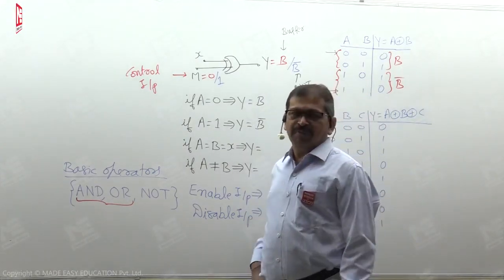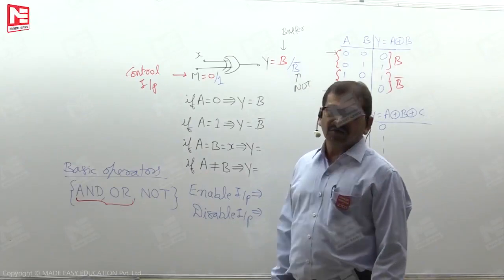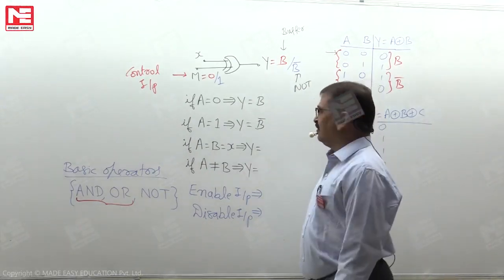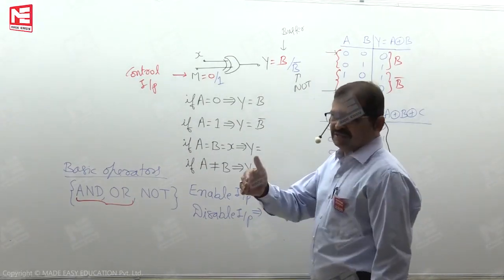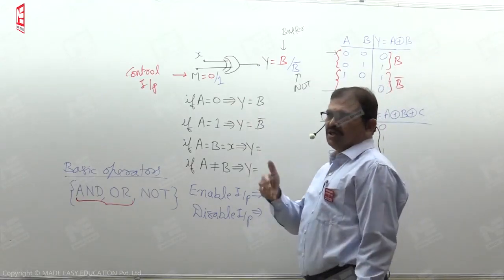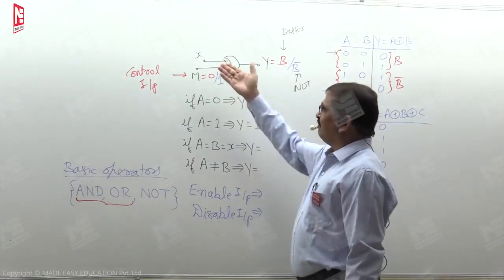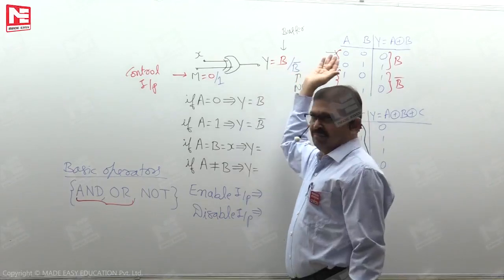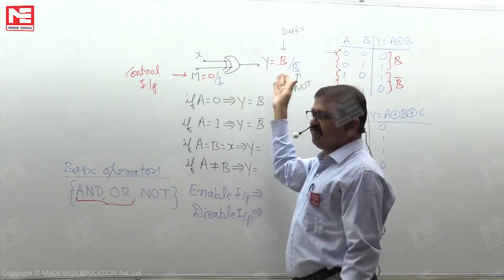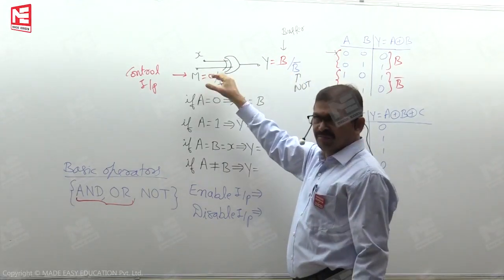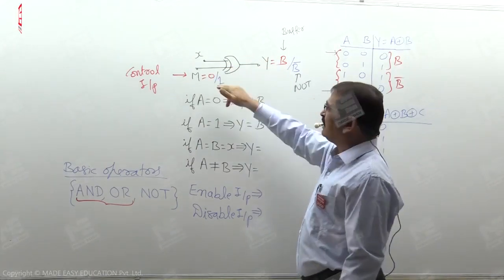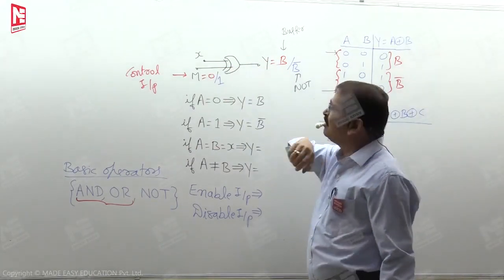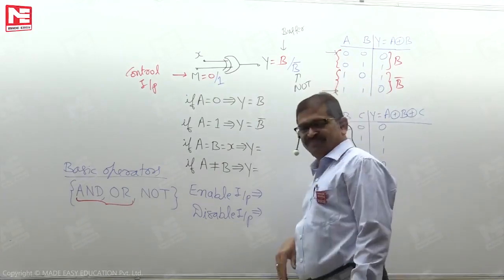So it is a control input. See, if somebody is stopping you while you are passing, he is controlling you. Similarly, whether to pass this X as it is or in complemented form, M is controlling it. Based on this, we name M the control input.